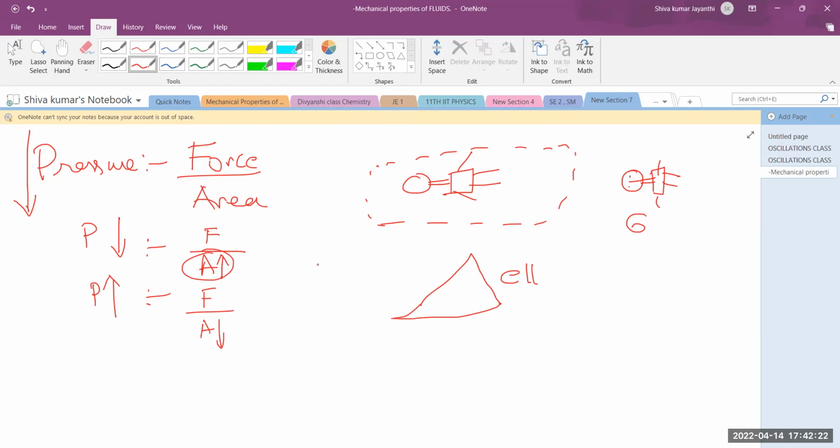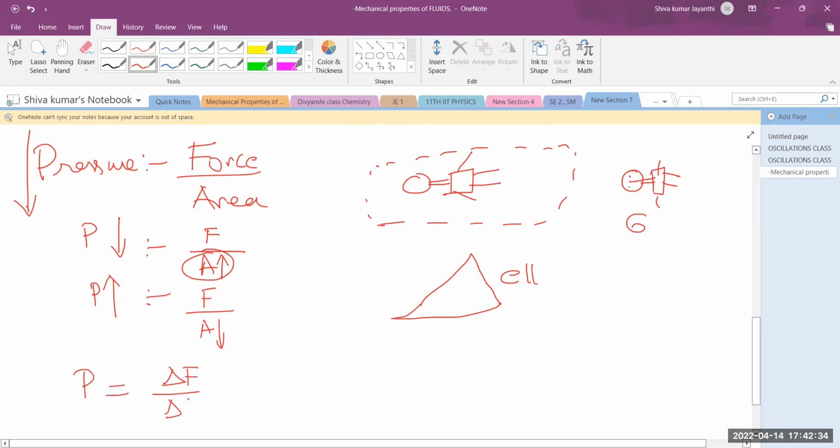Understood that? So that is the concept of pressure. So pressure is defined as what? Two definitions are there. The mathematical definition is change in the force by change in the area.